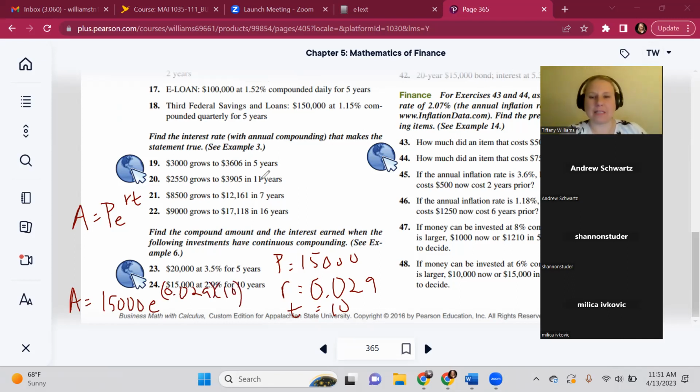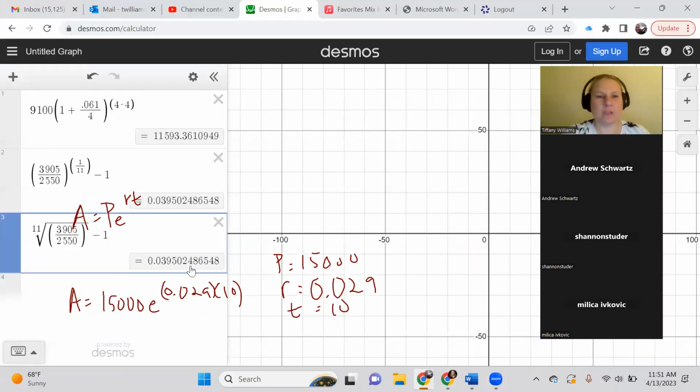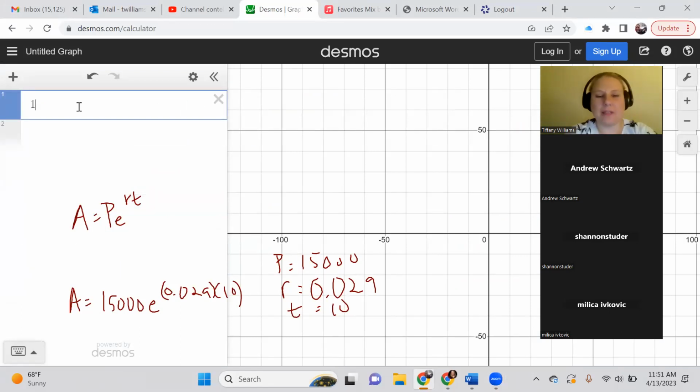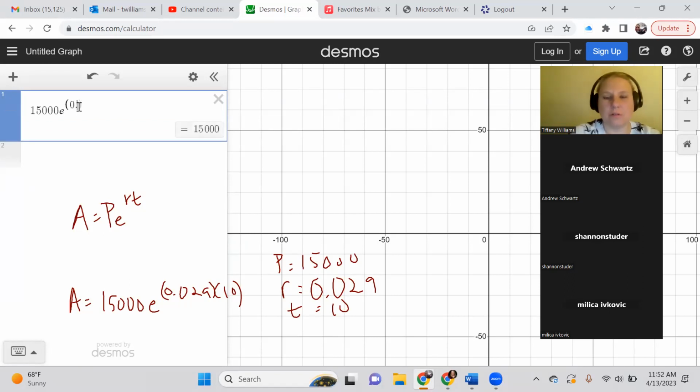So I'm going to go back to Desmos. We're going to look at how to punch this in on the calculator. Let me clear all of these out. So we're going to have 15,000. The nice thing about Desmos is it's going to recognize E as the number that it is, and we're going to raise that E to the 0.029 times 10.